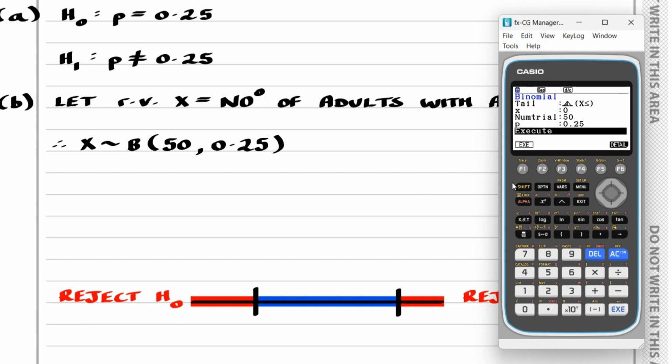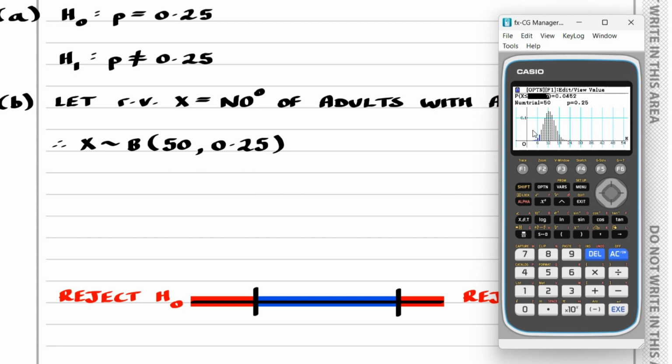And if we execute this, what we want is where the probability is as close to 2.5%, that's 0.025, and you can see when x is 7 we get 0.04, etc., which is too large.